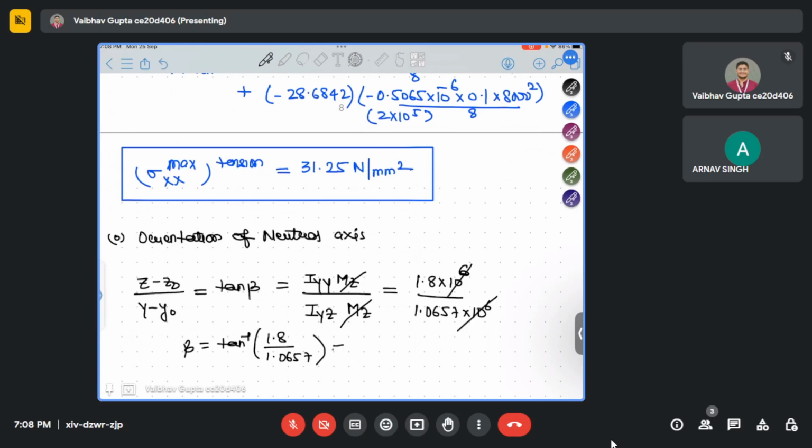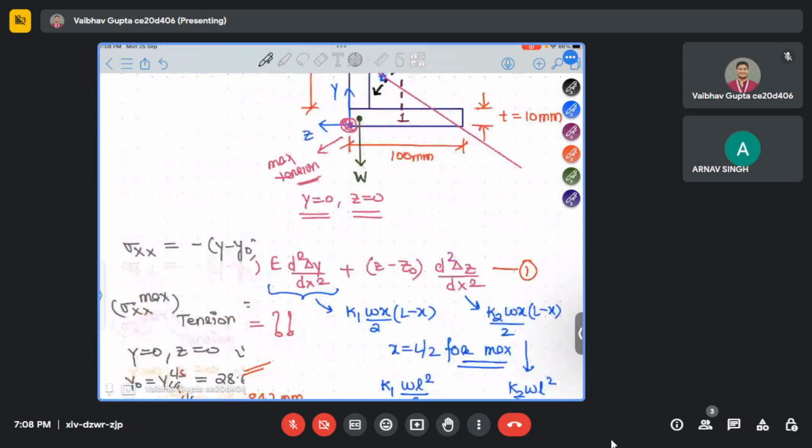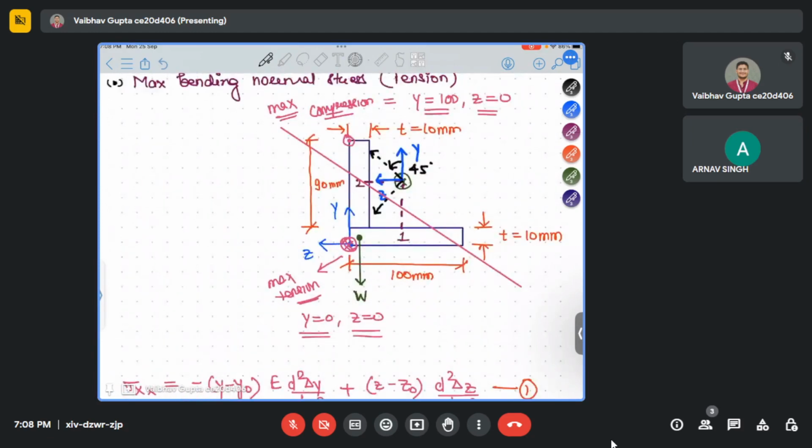So beta will be equal to tan inverse, which is 59.37 degree. So this I have drawn this axis pink color. This angle will be equal to this only, beta. Understood? Yes, sir.